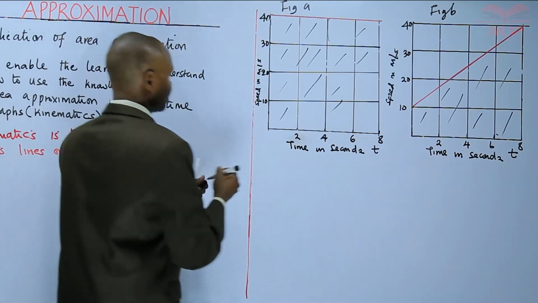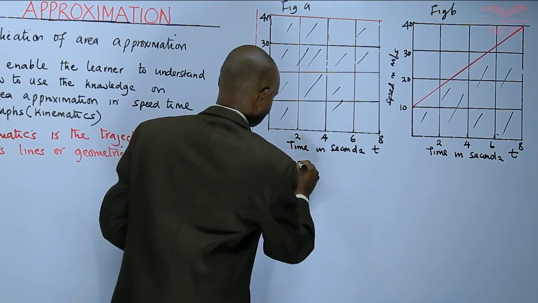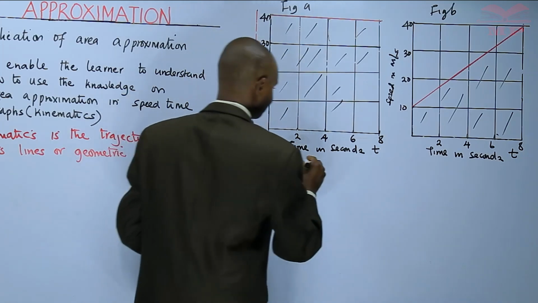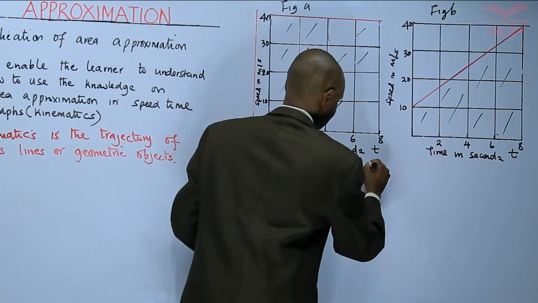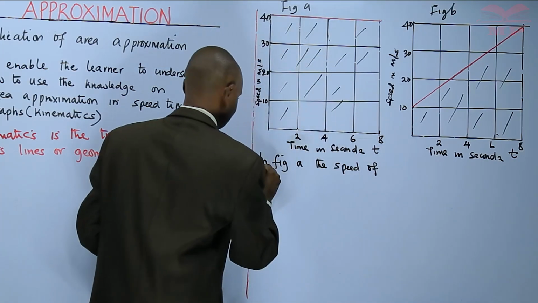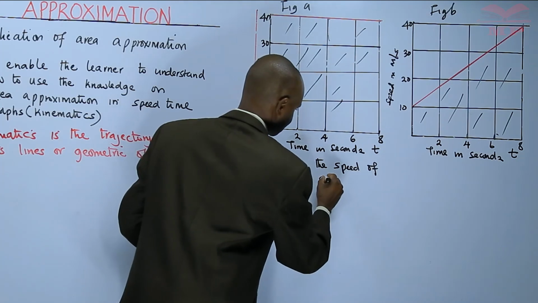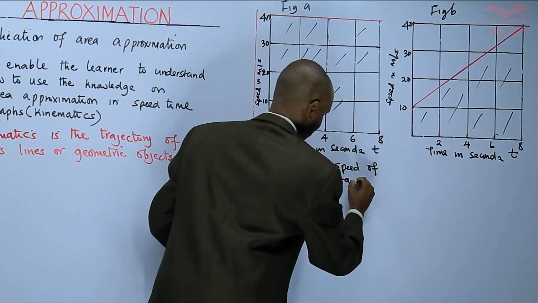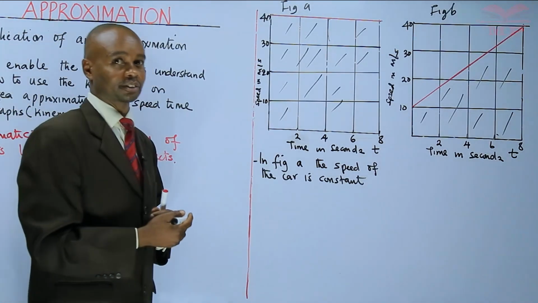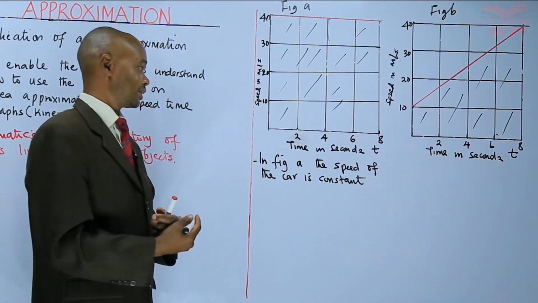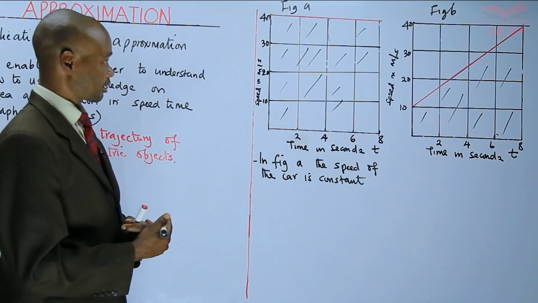So you can say in figure A, the speed of the car is constant. When the speed is constant, we say there is no acceleration. There is no increase in speed. In figure A, the speed of the car is constant.